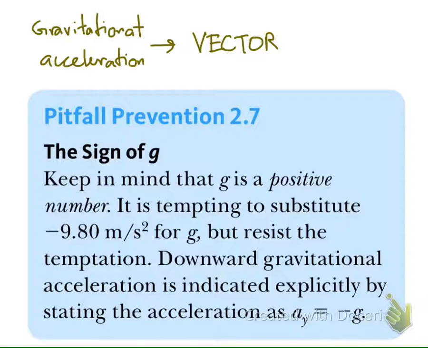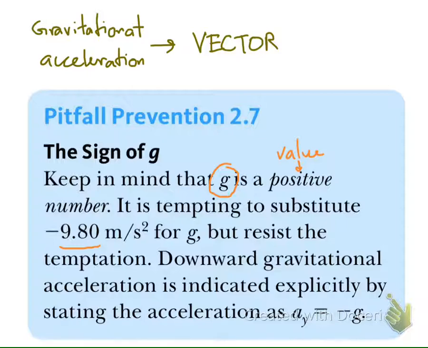However, when we talk about the value of g, it is always positive, and is approximately equal to 9.8 something. So when we talk about the value of g, we have that g is equal to 9.8, or maybe 9.81, meters per second squared.